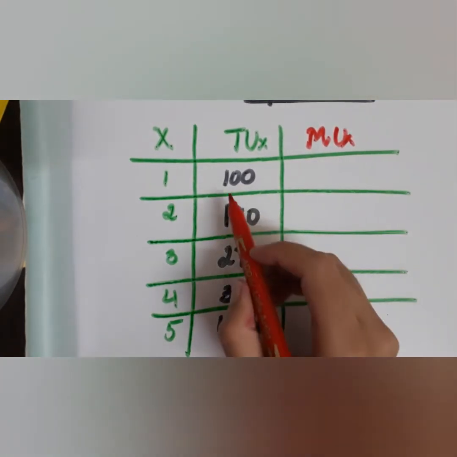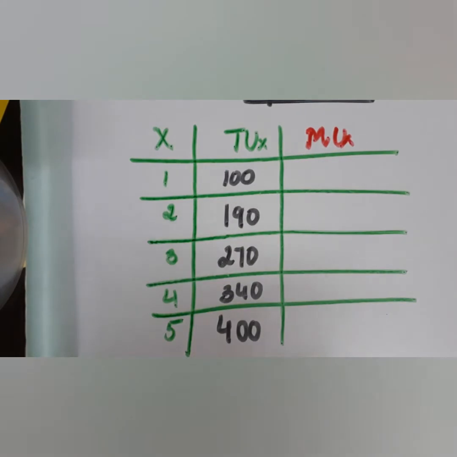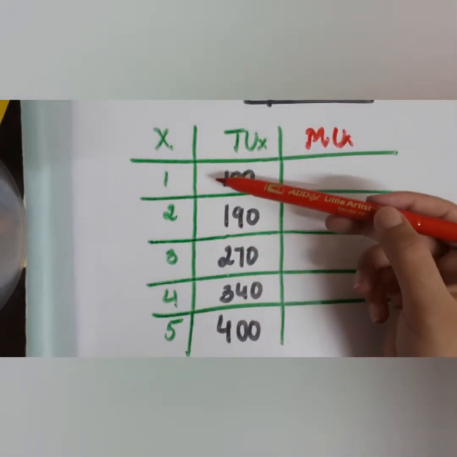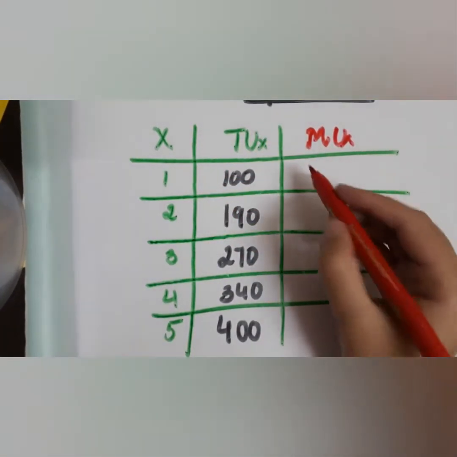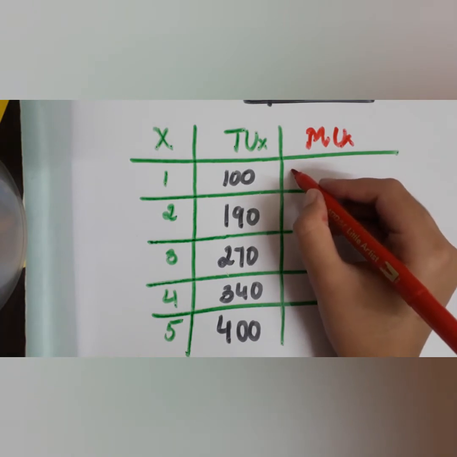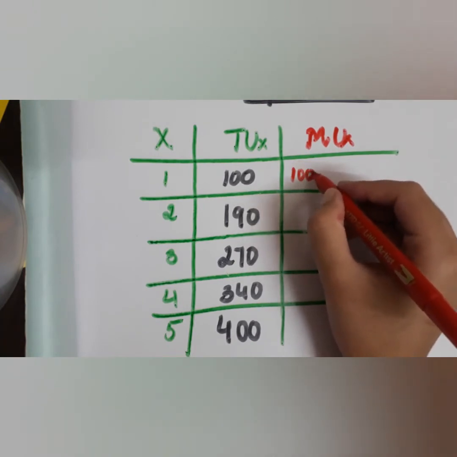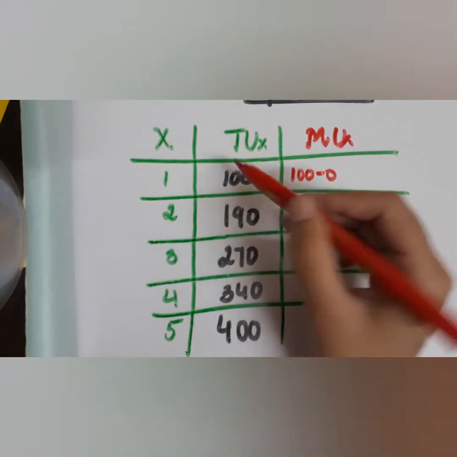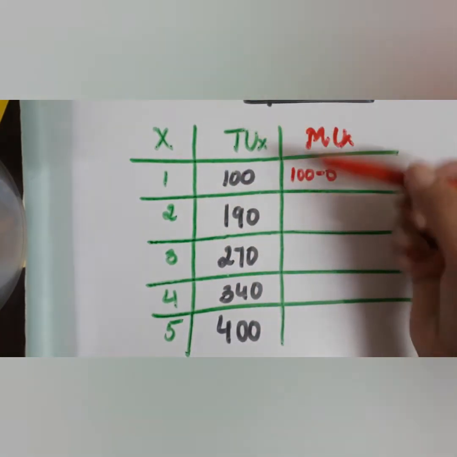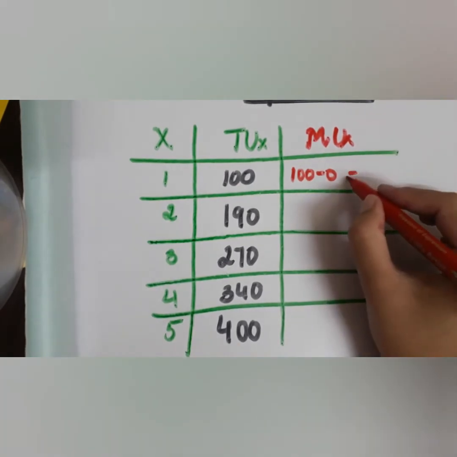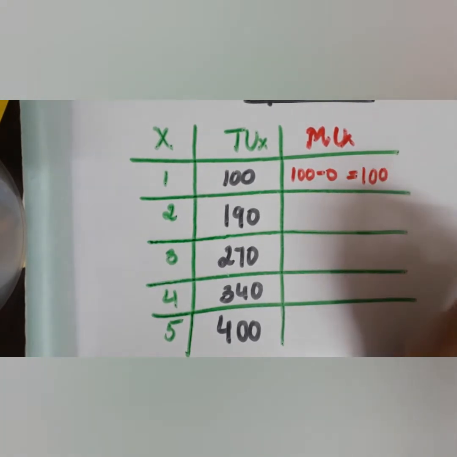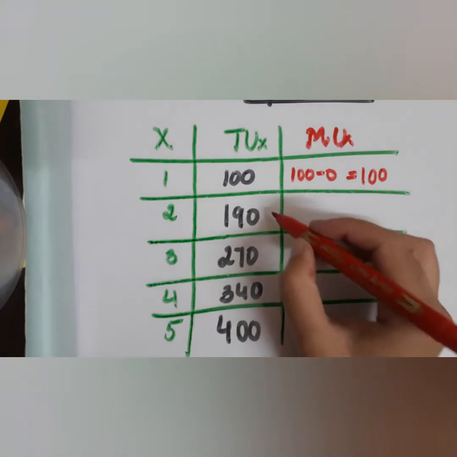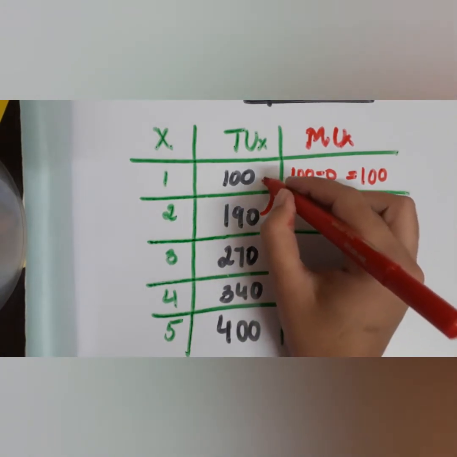First of all, in this you can see there is no upper unit given, which means that I am not having another unit to subtract. So I am taking 100 minus 0 because I'm not able to know which unit is before this. So starting with the initial unit, I am saying that I am getting the marginal utility of 100. The next one, I'll be subtracting the second this way.